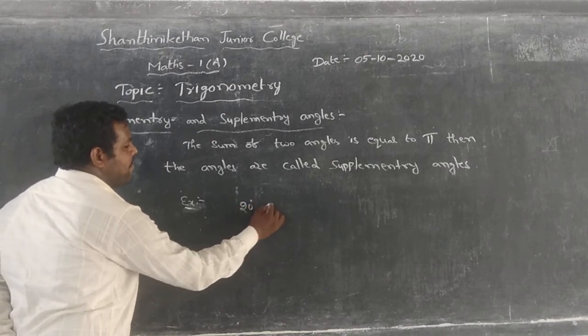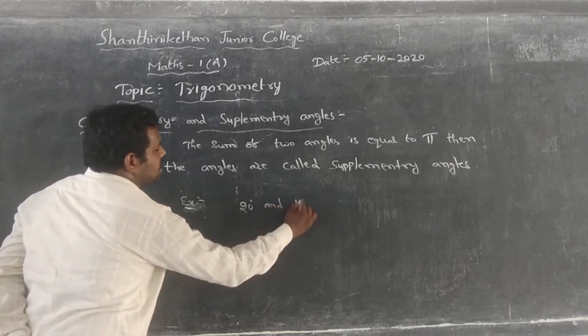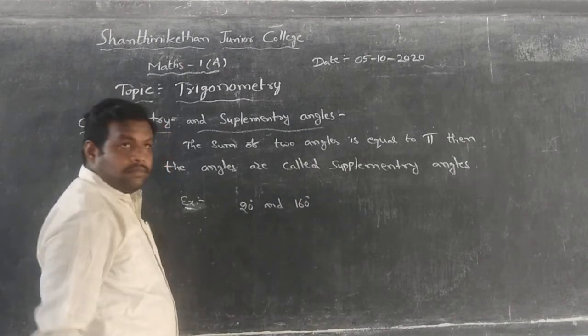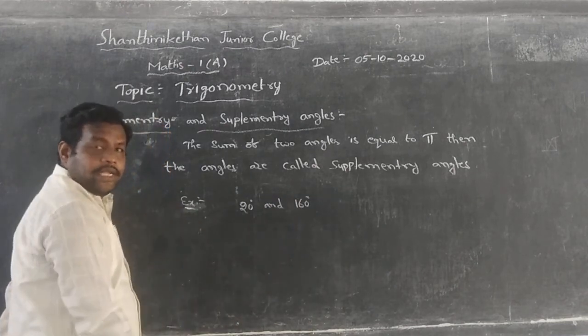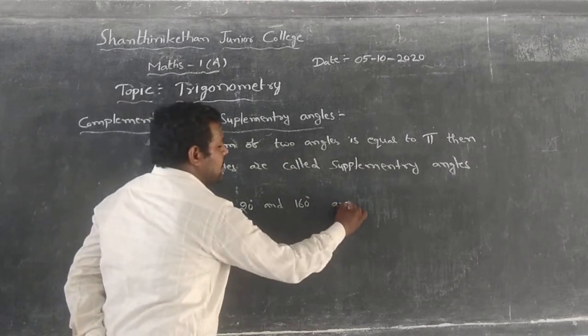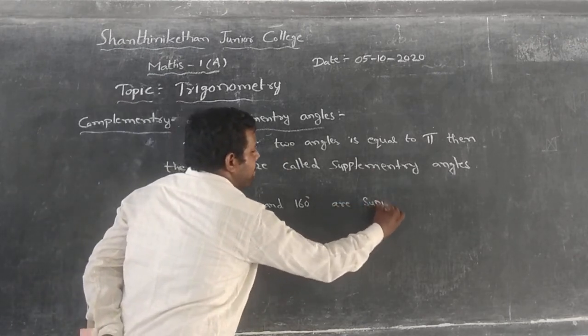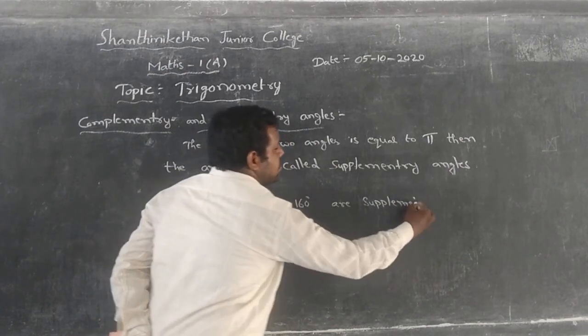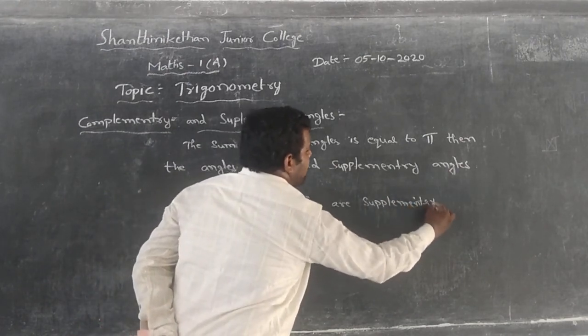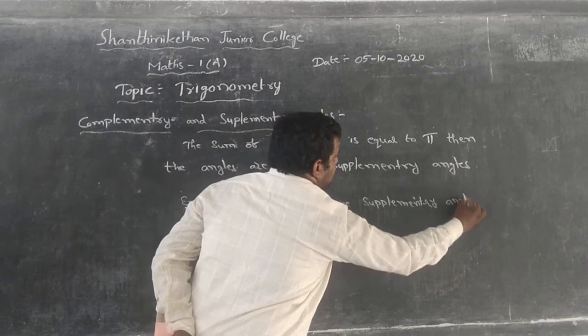For example, 20 and 160 degrees. The sum of these two angles is 180 degrees. So these two angles are supplementary angles.